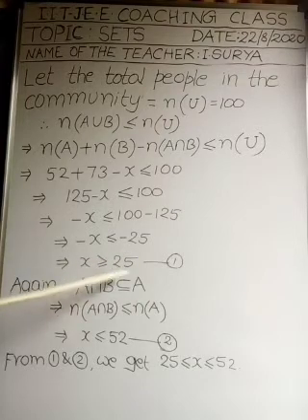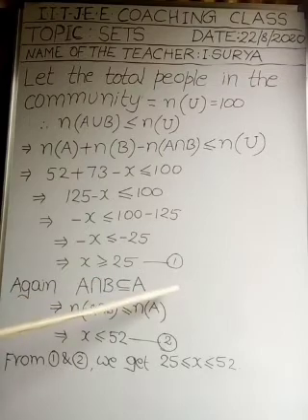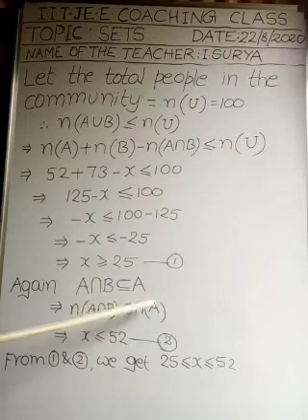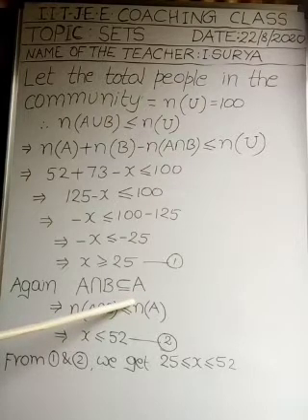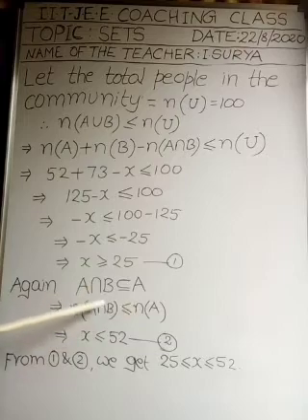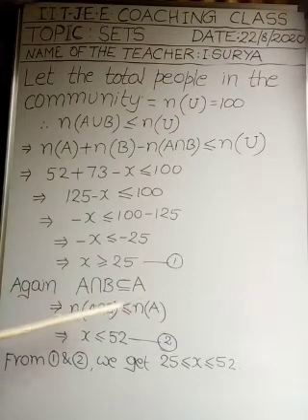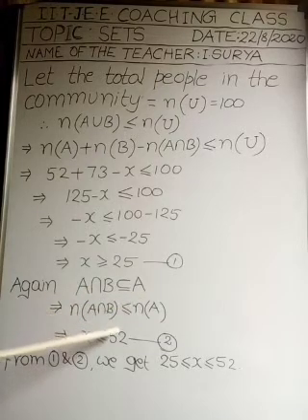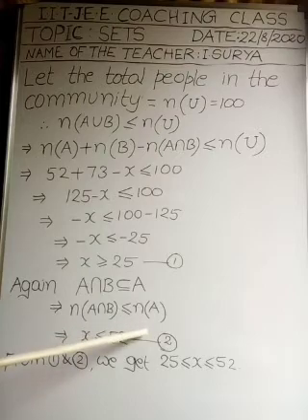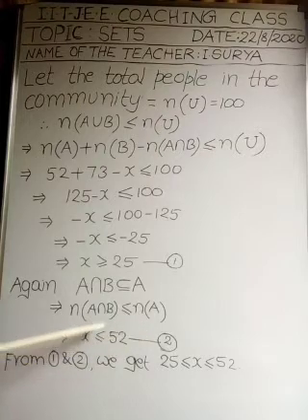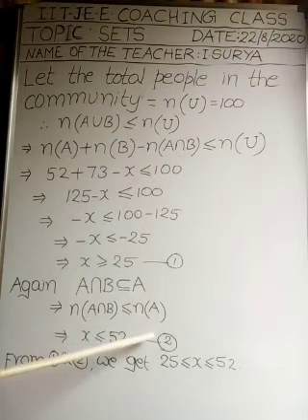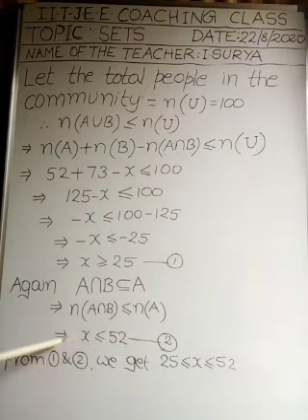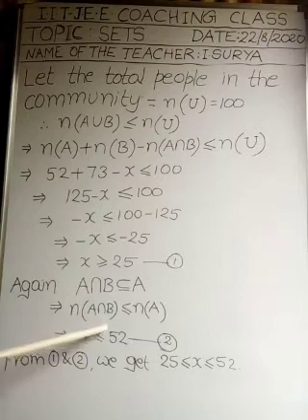25. Consider this result as equation 1. Again, A intersection B is a subset of or equal to A. This is also a property of sets. A intersection B is a subset of or equal to A. This implies n of A intersection B is less than or equal to n of A. Okay, my children. What is n of A intersection B?